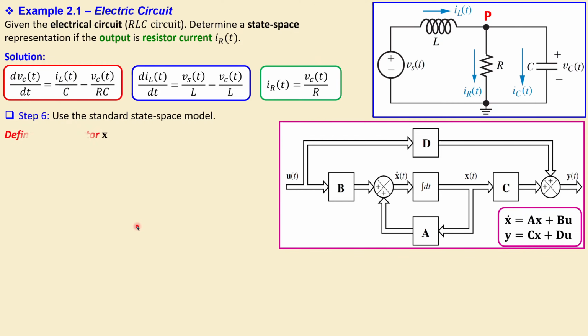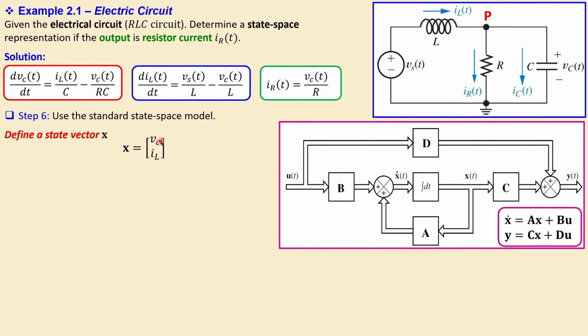Now the next step is let's define a state vector. We already have the state variables, which are the inductor current and the capacitor voltage. But let's also make a state vector by setting them in a vector, x in this case. You can also give it a different name.